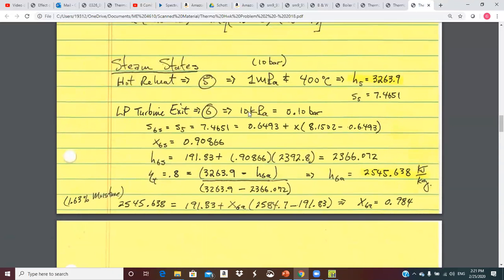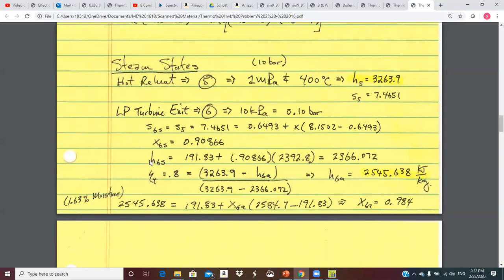Okay, so that's what we're doing here. So 6s is equal to S5, and there's the number, 7.4651. And this is at 0.1 bar. This is the entropy of saturated liquid, and this is saturated vapor. So we calculate the X. The quality for the isentropic state 6 is 0.90866.